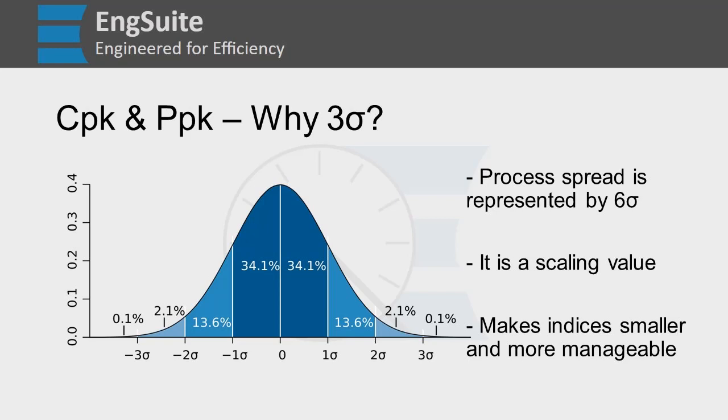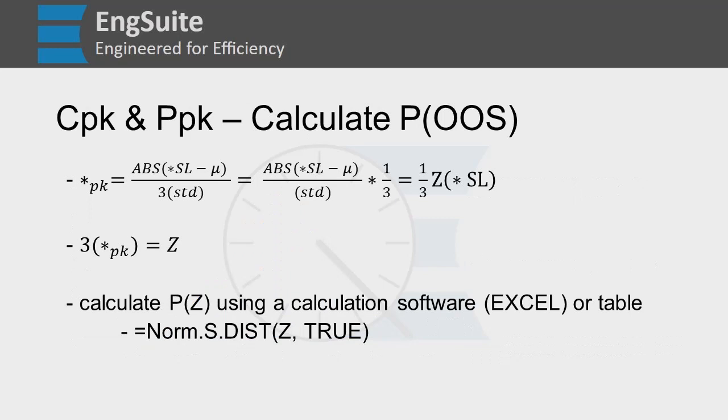Okay, so let's actually do some calculation here. So we know that our C or PPK, for now we're just going to use STD to mean standard deviation and the star to be either C or P, because they both show the same thing, just slightly different because of the different standard deviation calculations.